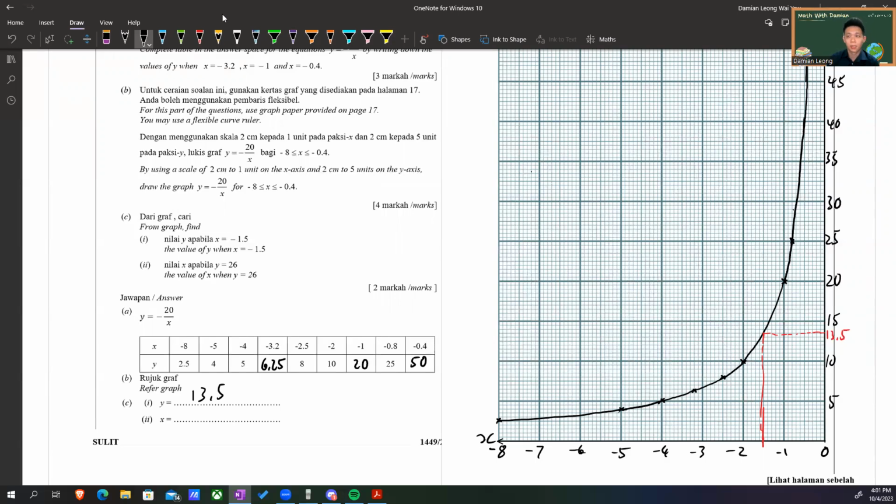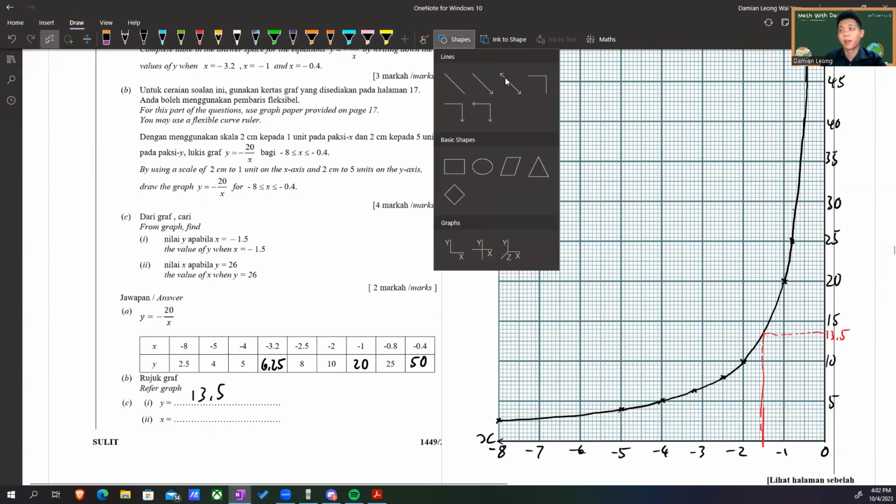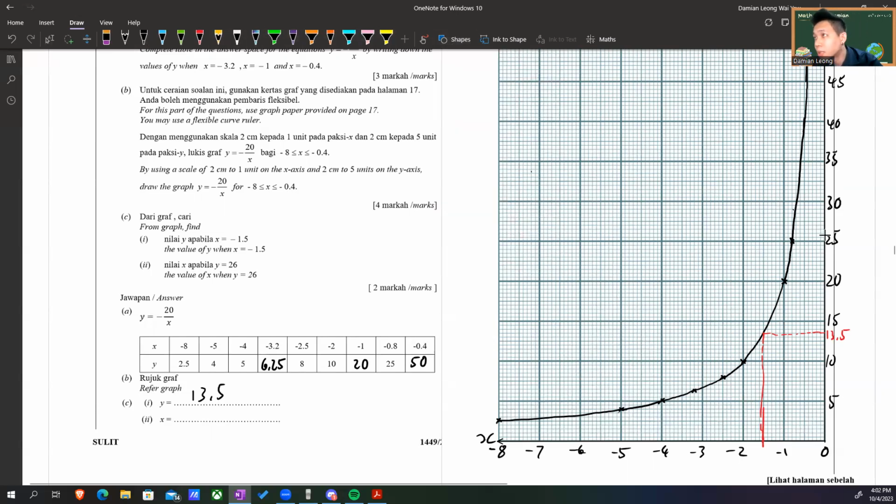For the x, C2, y is 26. How to find x? So 26 here. Match to the curve, then go to the horizontal axis. So this is about negative 0.8.